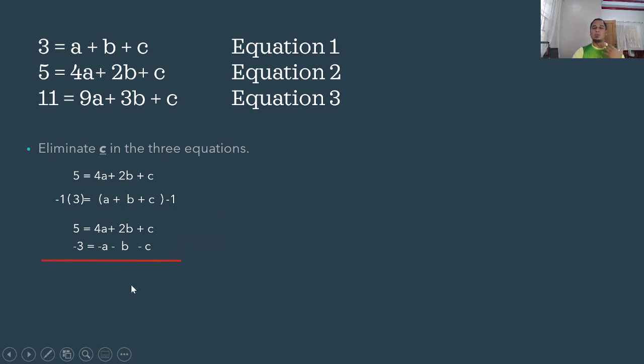In this manner, we can eliminate c. What did we use? Equation 2 and equation 1. Please take note. It cancels. This will be negative 2. This will be, here is the answer, 3a plus b. And this will become our equation number 4.